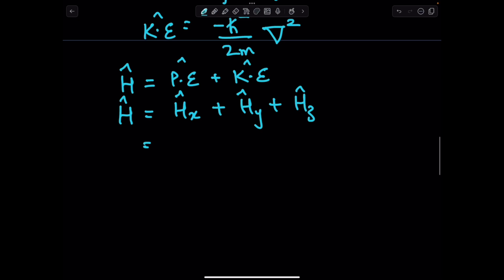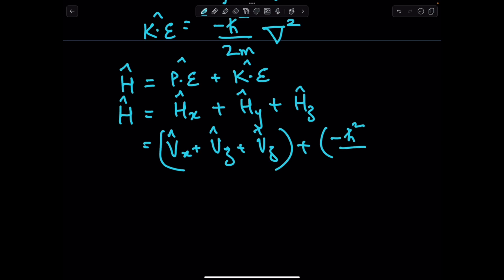So that will give us V cap of x plus V cap of y plus V cap of z, which is the potential energy, plus minus h cross squared by 2m del squared. That would be the Hamiltonian operator.